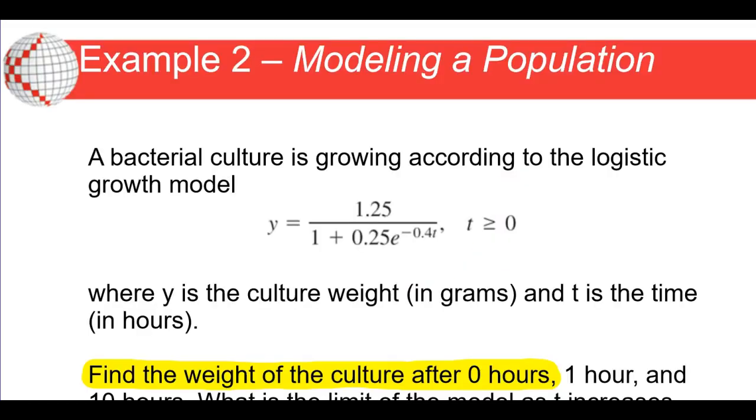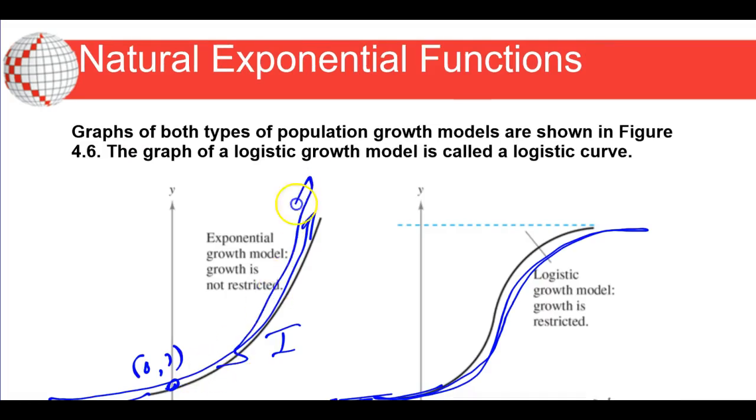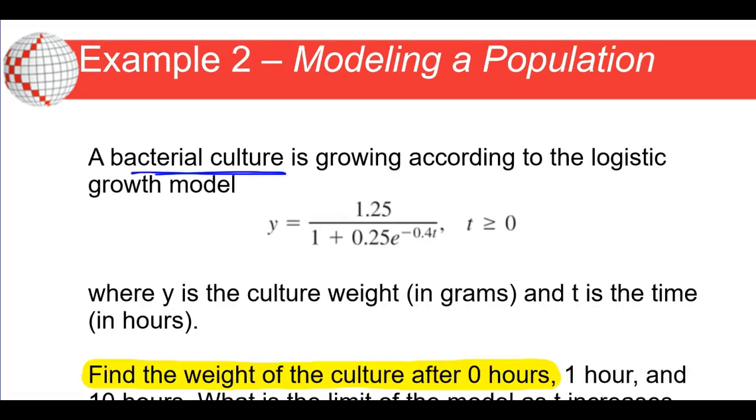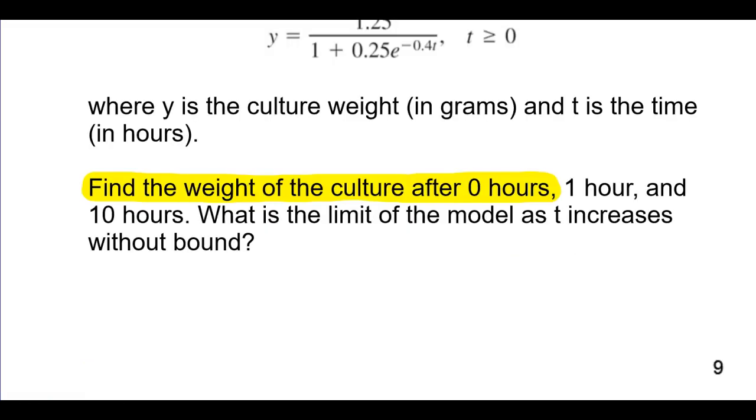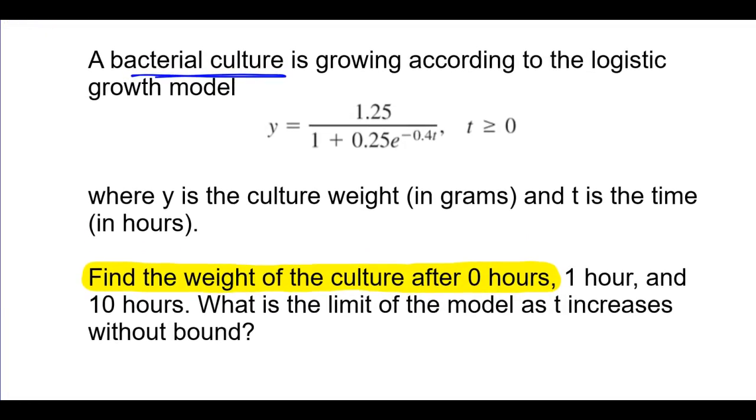An example of that would be bacteria growing in a petri dish. It can't grow infinitely because it only has so much space. So it grows exponentially at first, but then the petri dish becomes full and there's a maximum amount. Populations do this as well. There's only so much growth a city can sustain.